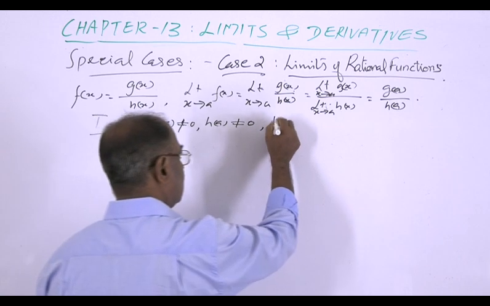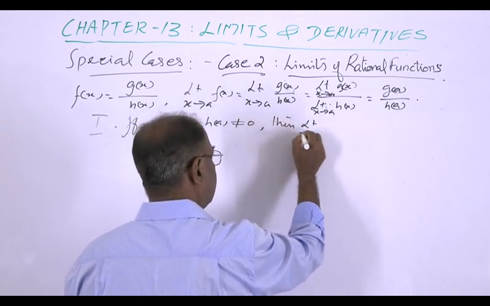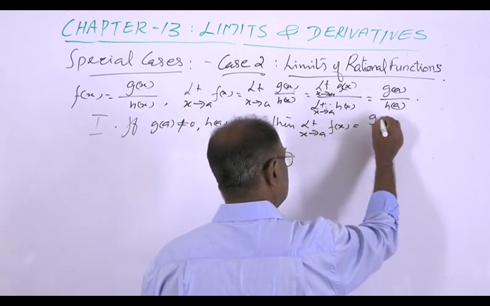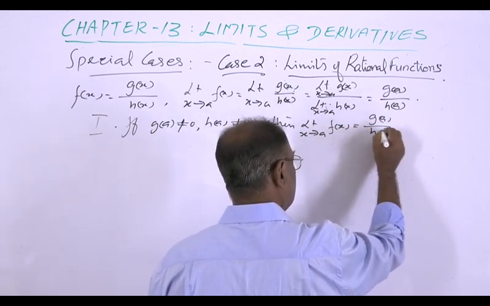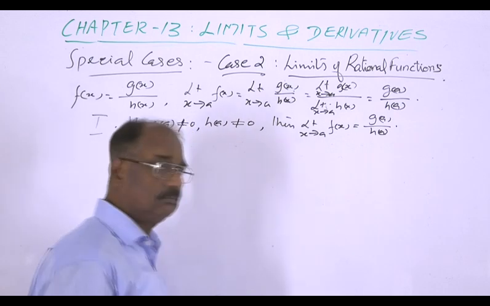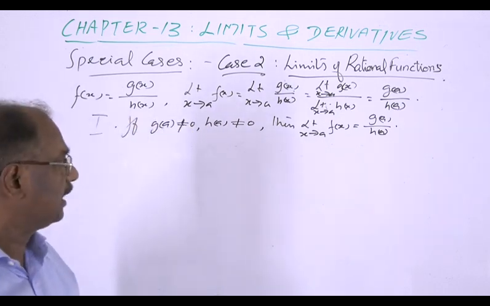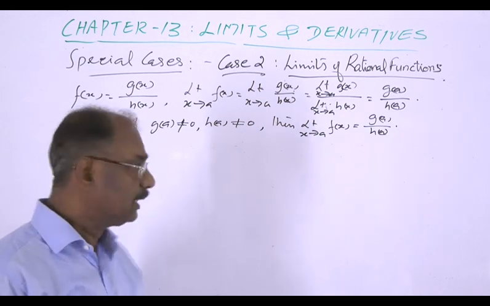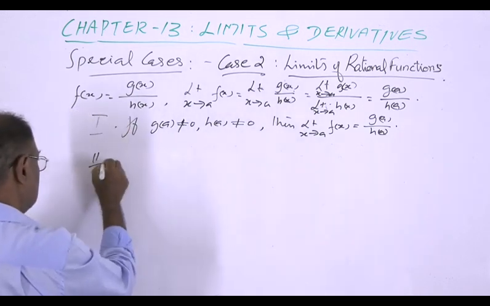Then limit x tends to a f(x) is equal to g(a) by h(a). No doubt.